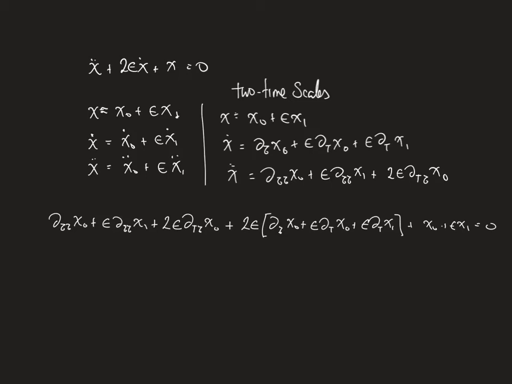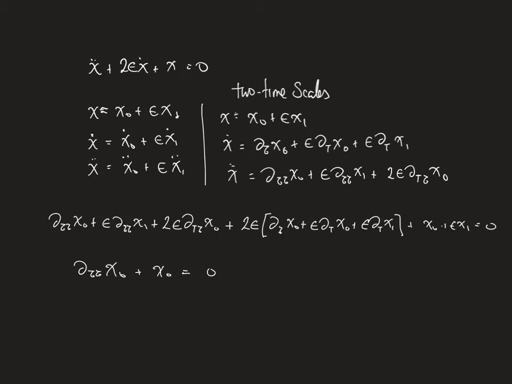So order 0, we have this one here, the second derivative in tau of x naught, and this one in here, plus x naught equal 0.